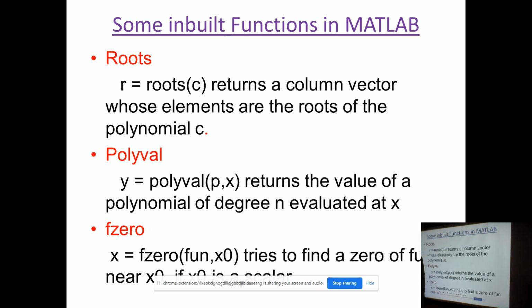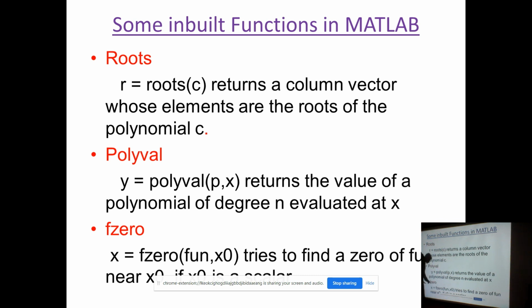Now fzero, a very important function. So look at fzero. fzero of fun comma x0 tries to find a zero of the function near x0. It finds the zero of the function. It's almost like finding the root. Zero of the function is finding the root only. What is zero of the function? Making the function equal to 0. So it's nothing but almost finding the roots of the equation.